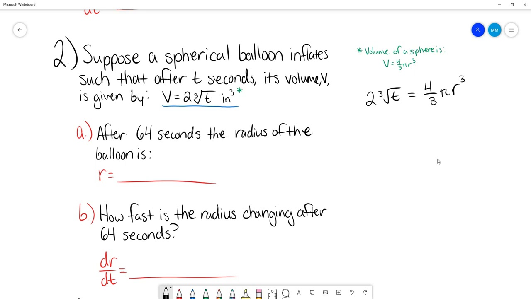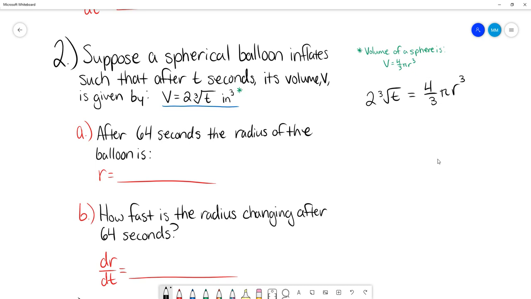In this case, we're looking for what R is. So we're solving this for R. I see we've got an R in there, so that makes it pretty easy. All I have to do is isolate my R variable. So I'm going to undo multiplying by 4/3.